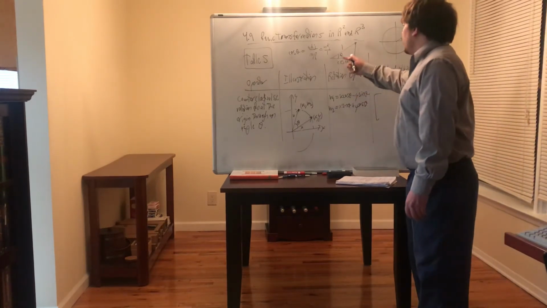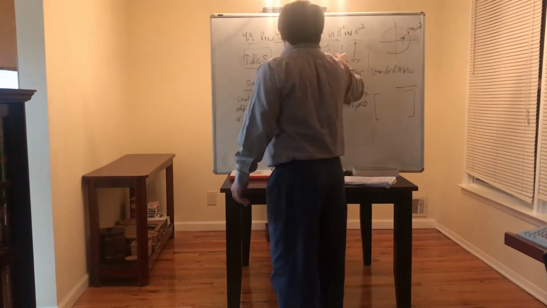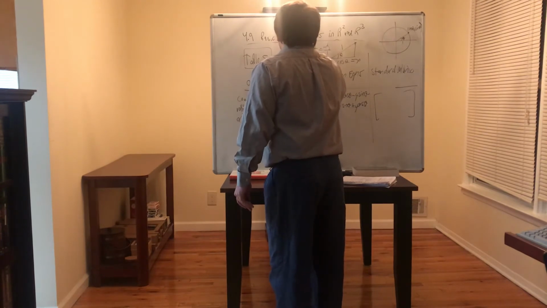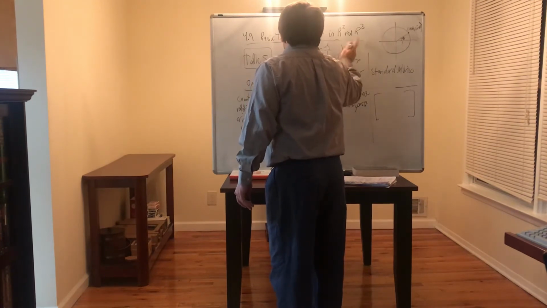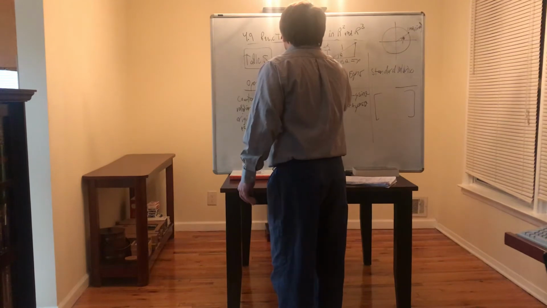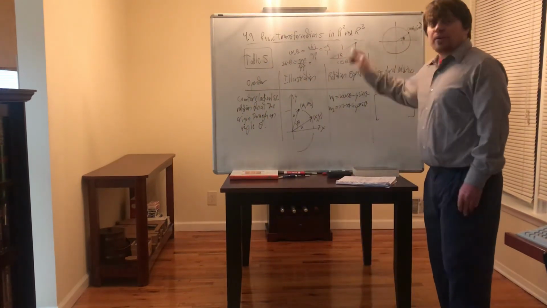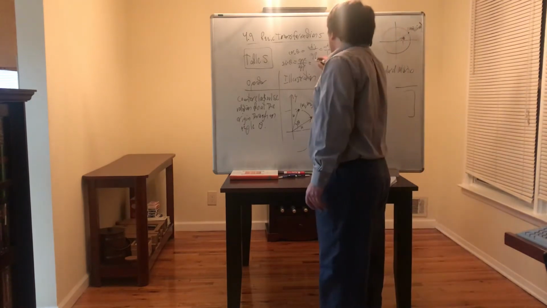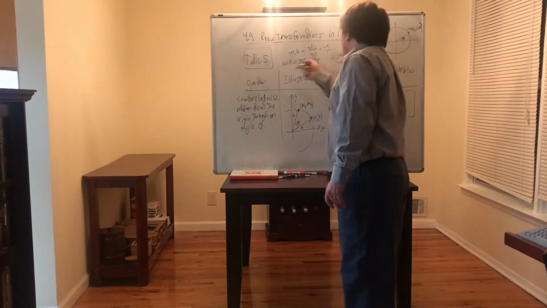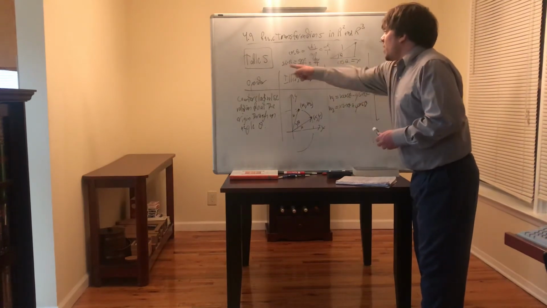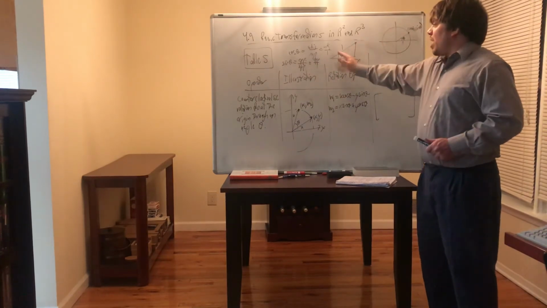Now if you look at the opposite side of the triangle to that theta, sine theta tells you the ratio between the opposite side of the triangle to that angle over the hypotenuse. But this is a unit circle. The hypotenuse is length 1. And so this is the opposite length over 1. That's sine theta. And so that means that sine theta is equal to the side of the right triangle opposite to that angle.